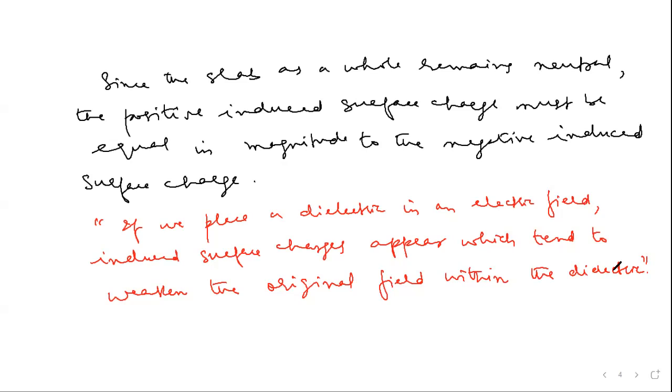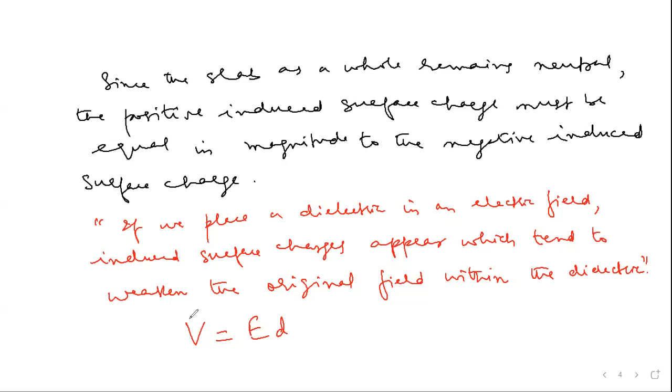This weakening of electric field reveals itself as a reduction in potential difference between the plates of a charged isolated capacitor when a dielectric is introduced between the plates. Remember the relation V equal to ED, D being the separation distance between the plates of the capacitor, V the magnitude of potential difference, E the electric field.